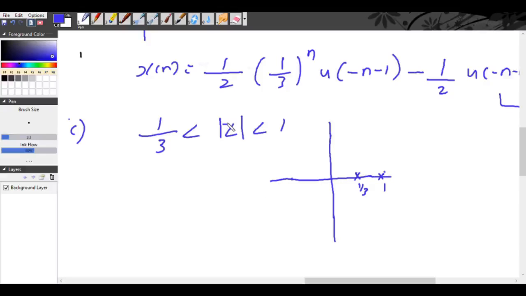Here the region of convergence is a strip, a ring.